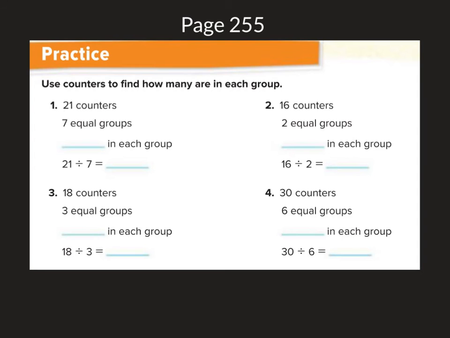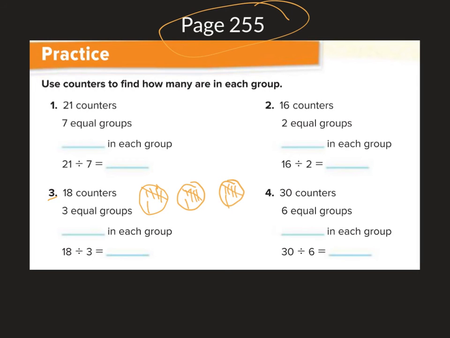All right, here I'm on the homework on page 255. I'm just going to do a couple of these just to make sure we've got it. Let's do 18 counters into 3 groups. 1, 2, 3. 1, 2, 3, 4, 5, 6, 7, 8, 9, 10, 11, 12, 13, 14, 15, 16, 17, 18.